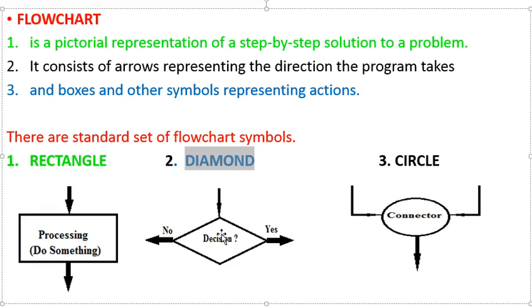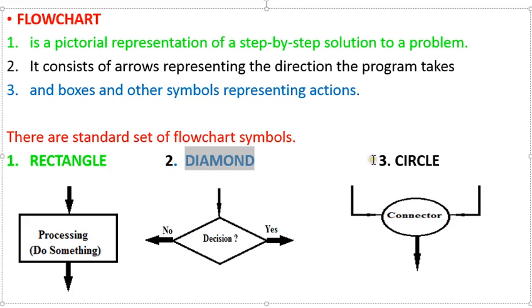Whenever you take a decision, your answer should be either yes or no; that is, you either accept it or reject it. The diamond has 1 entry point, and this entry can come from any other block, such as a rectangle or a parallelogram. It has 2 exits: one for yes, when the decision is true, and the other for no, when the decision is false.